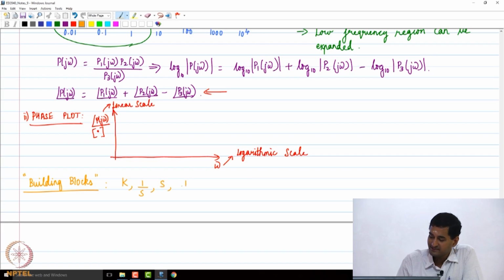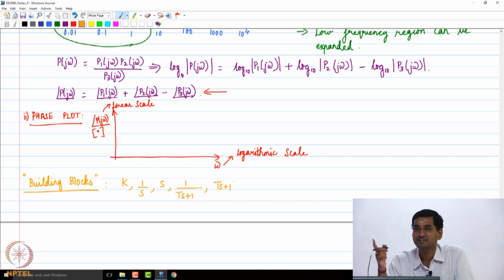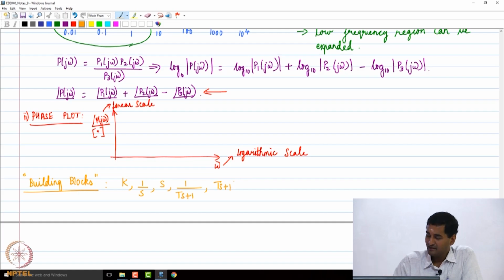Then what else? It can have a first order term of the form 1 by Ts plus 1. It can also have Ts plus 1. So I am just writing down all the potential factors that can appear in the numerator and the denominator. And we can also have a complex conjugate factor of the form omega n squared divided by s squared plus 2 zeta omega n s plus omega n squared.